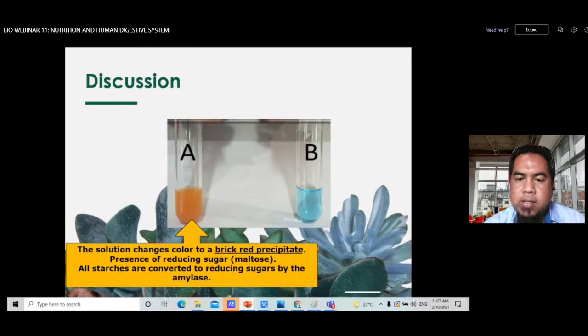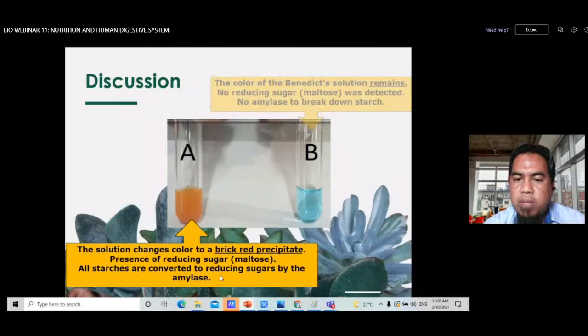When you answer the question and write your observation, you must write brick red precipitate. The color changes because it detects the presence of reducing sugar. Reducing sugar in this experiment is maltose. So all starch is converted to reducing sugar by amylase.